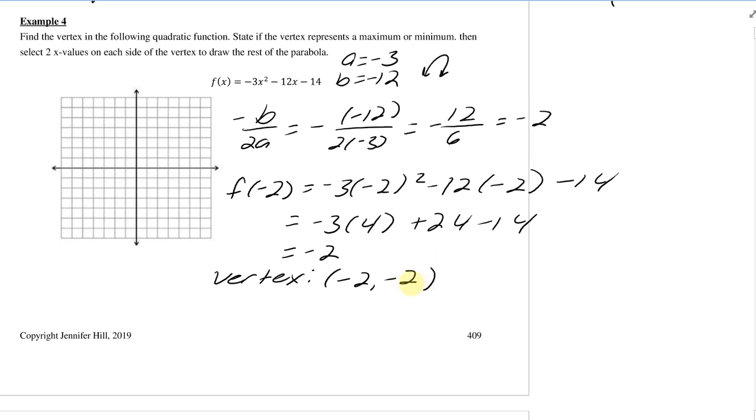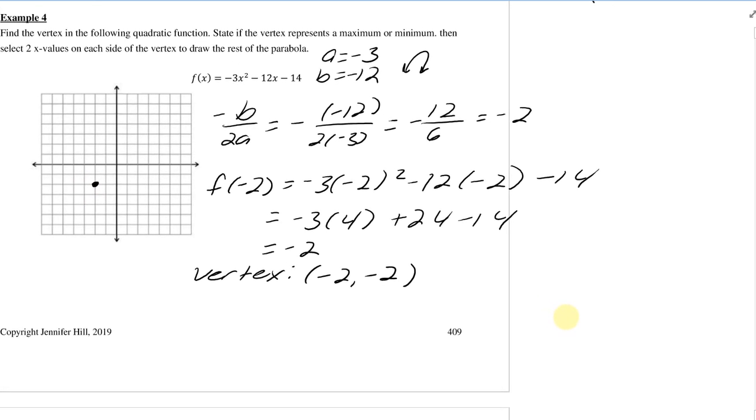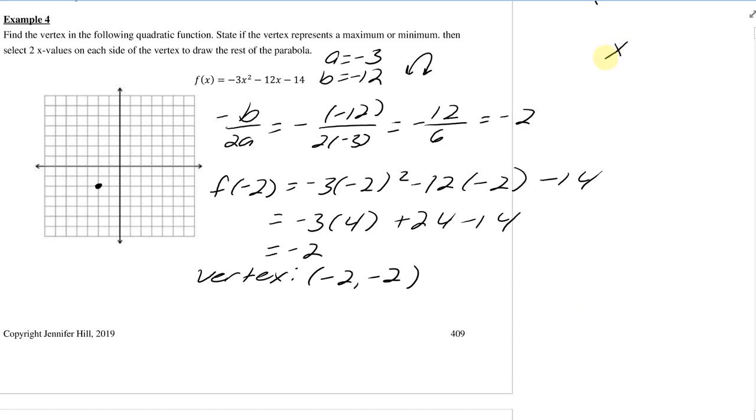Once again, you want to start off by just marking that. So there's -2, -2. Now you're going to do that same thing. Choose 2 points to the left and 2 points to the right. Maybe I'll just move this over a little bit. I will set up a table of x and y's.